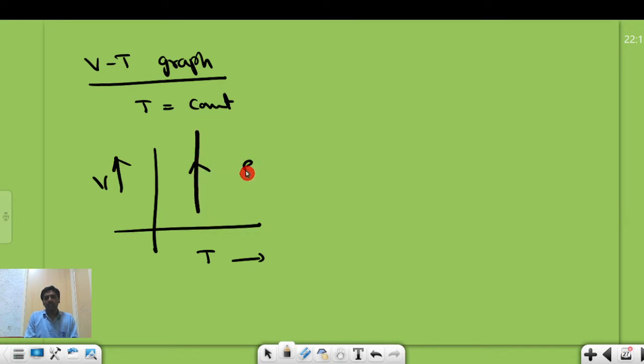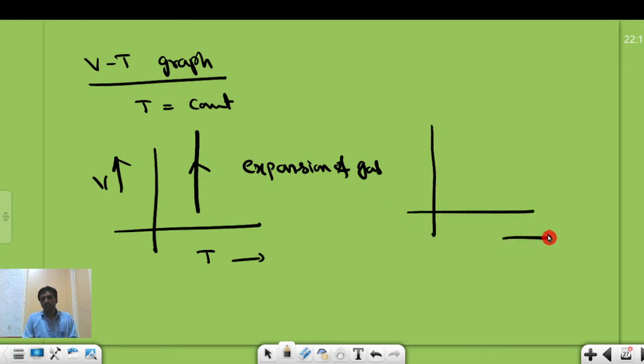This is the expansion of gas. One more graph we can take: if it is compressing, the volume must decrease like this, from a higher volume to a lower volume. So this is the compression of gas.